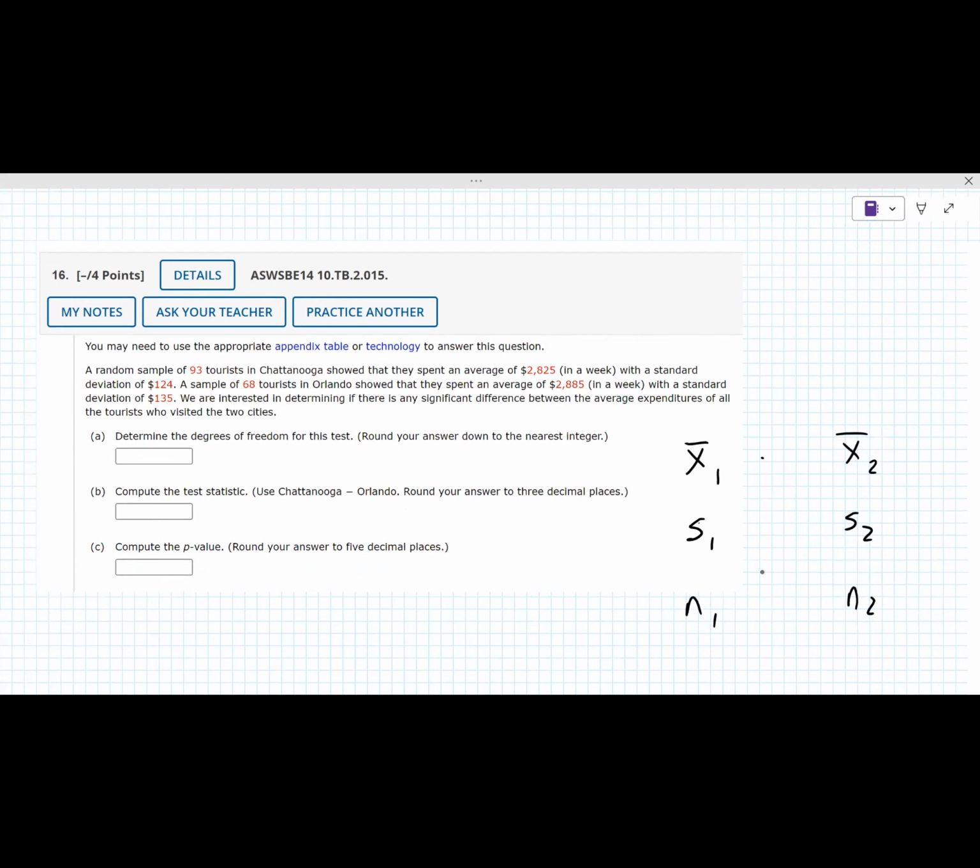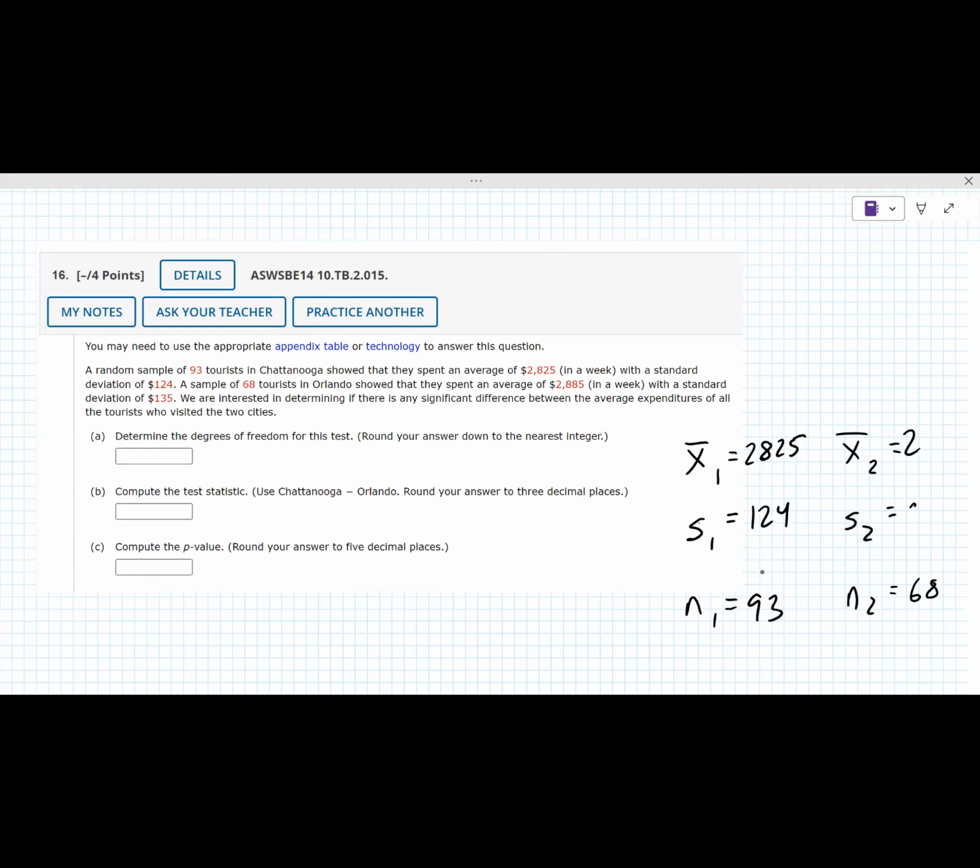It says a sample of 93 tourists. So that's your N1. They spent an average of $2,825 in a week. That's X bar one with a standard deviation of 124. Is this a 2-sample t-test? It is. And so you have to be able to quickly extract the information.